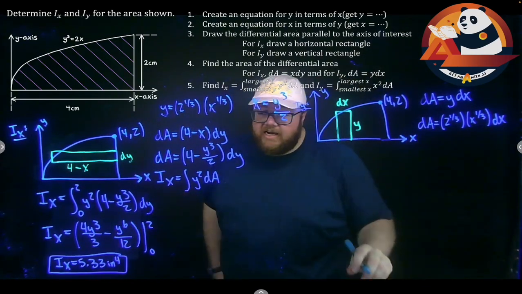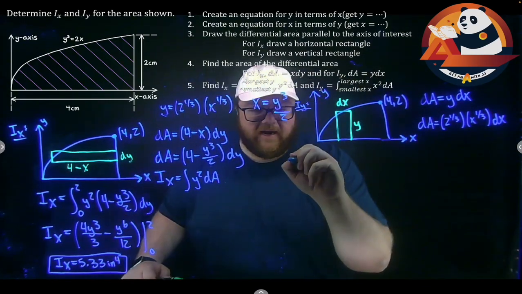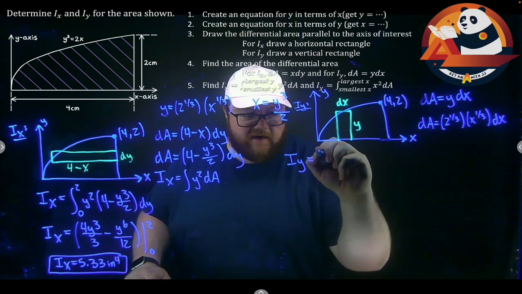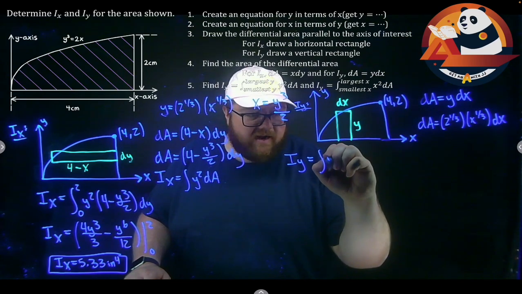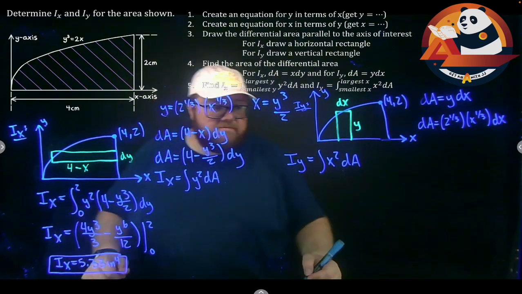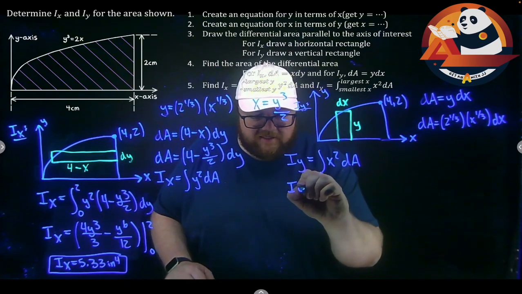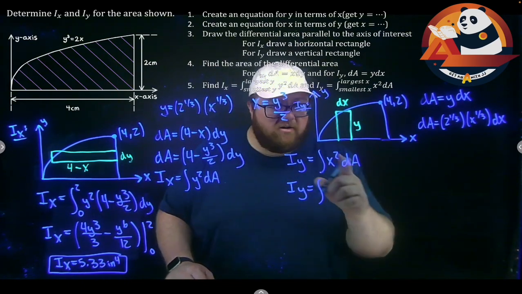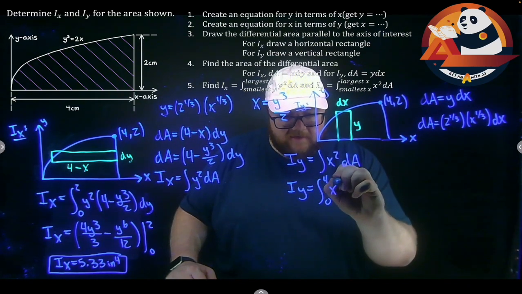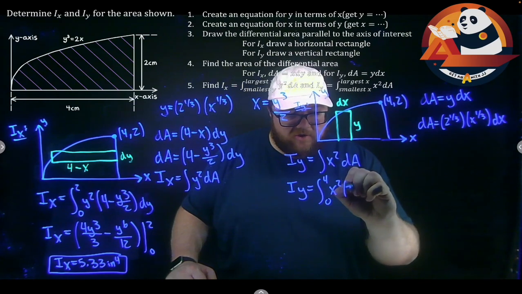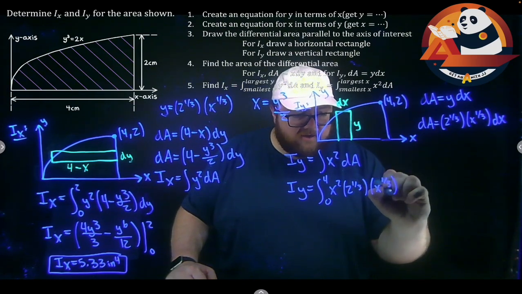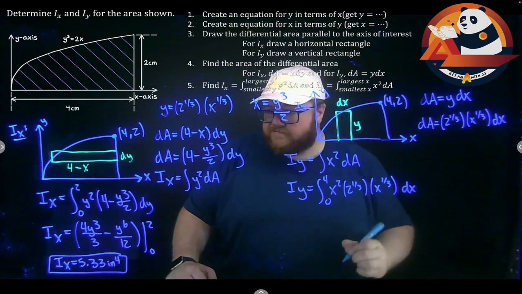And that gives me everything I need to figure out my Iy. Iy is my integral of x squared dA. I'm going to integrate from my smallest x to my largest. So Iy is our integral from 0 to 4 of x squared times 2 to the 1/3 times x to the 1/3 dx.